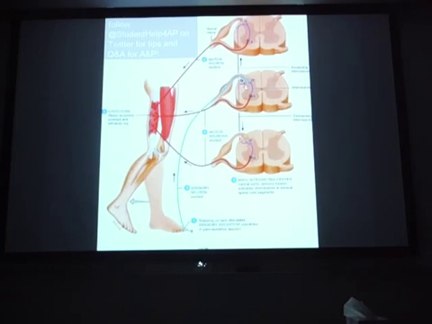So one of the branches that's going to synapse here is going to synapse with an interneuron that will then travel to different segments of the spinal cord, maybe one level up and one level down, where it will then synapse with an excitatory interneuron that will synapse with a motor neuron at a different level, which will also exit the spinal cord, go through the ventral root into the spinal nerve, and innervate a different section of the hamstring group.